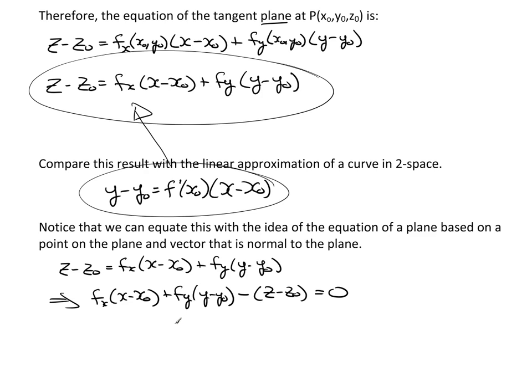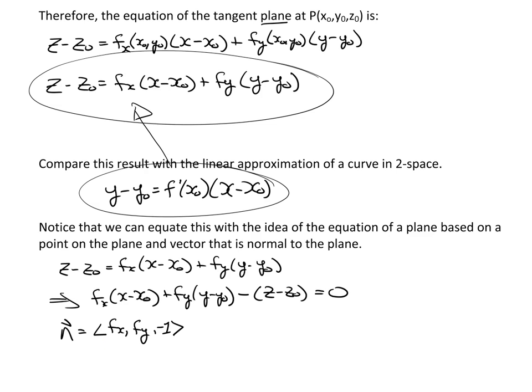From that, I can look at this and know immediately that a normal vector is going to be fx, fy, -1.